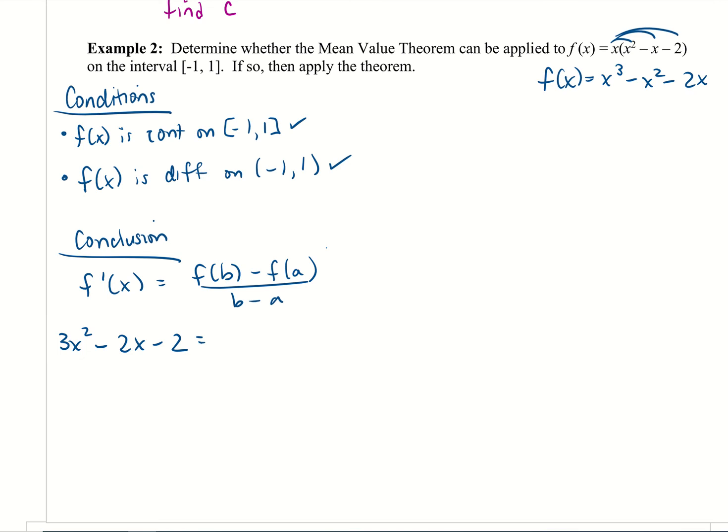And f of b minus f of a over b minus a, let me just calculate these real quickly. F of negative 1 and f of 1 are the points I'm looking at. F of negative 1 will be negative 1 minus 1 plus 2, which is 0. F of 1 is 1 minus 1 minus 2, which is negative 2. So f of b minus f of a would be the y values subtracted over the x values subtracted.